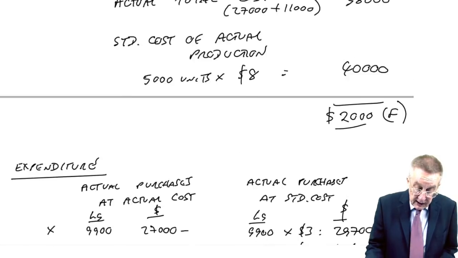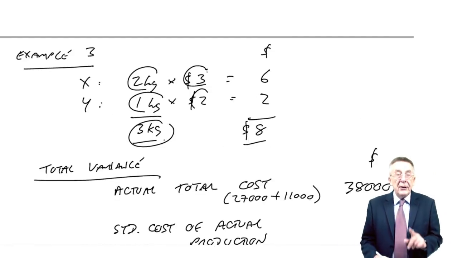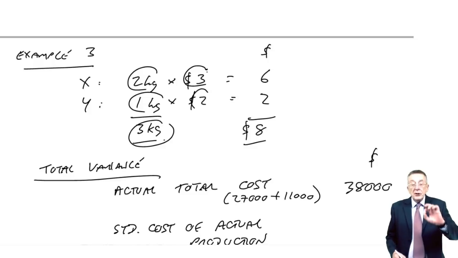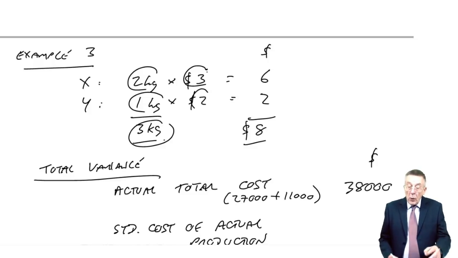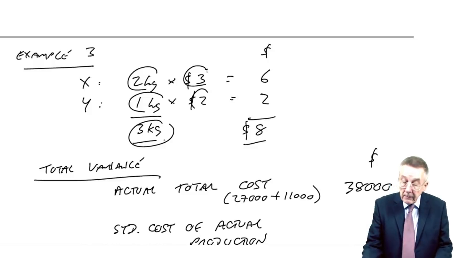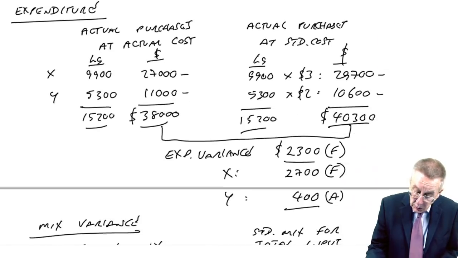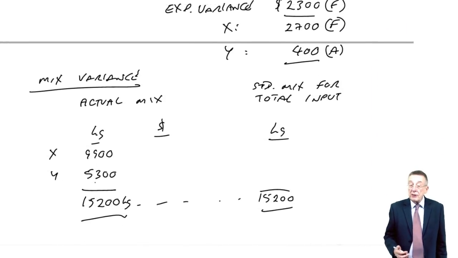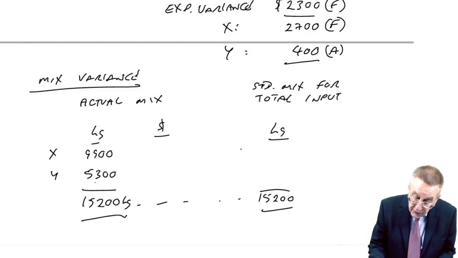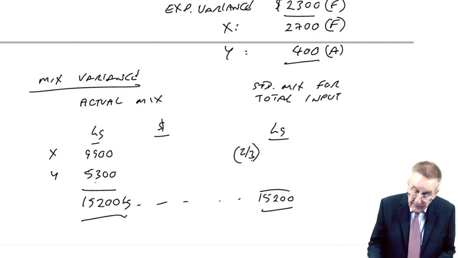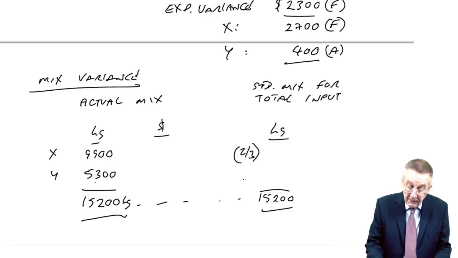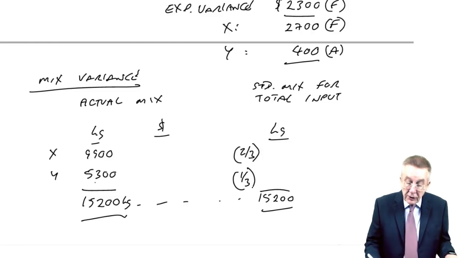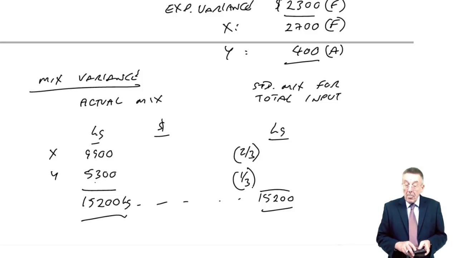Well, if you look at the cost card, for every 3 kilos, 2 of them should be X and 1 of them should be Y. So for that total, again, rightly or wrongly, we bought 15,200 kilos. And so 2/3 of those should have been X and 1/3 should have been Y.